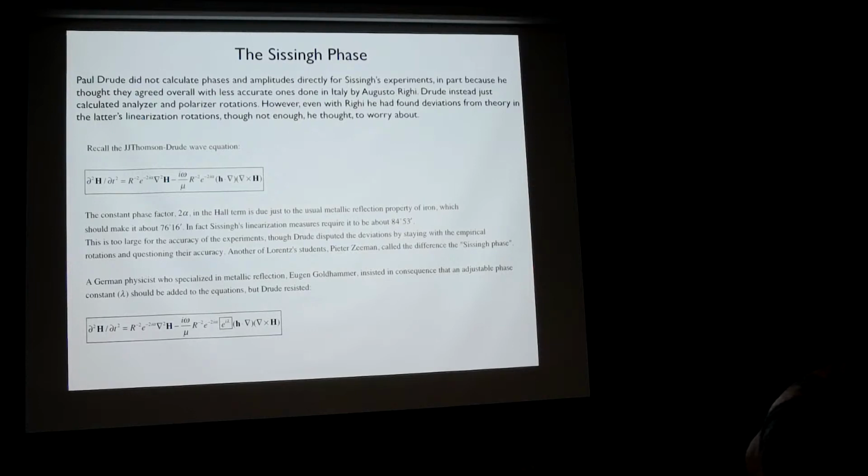And this was way too large for the accuracy of the experiments, but it was hard to tell. I have spared you the horror of seeing what Drude's calculations look like in these things. They don't have computers. They don't have calculators. They've got slide rules.